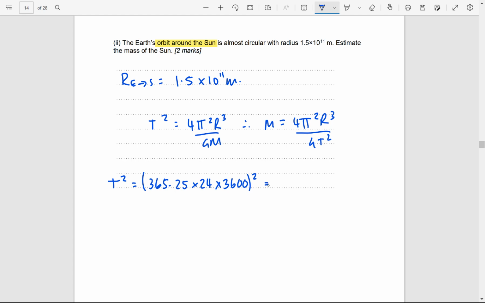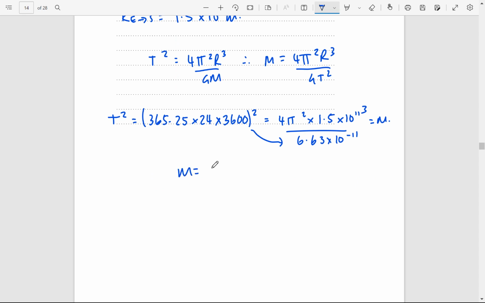So that number, you'd be sensible to write out what that works out as, but I won't do. 4 pi squared times 1.5, this is the radius going in here, cubed, divided by 6.63 times 10 to the minus 11, equals M. And M is a number you should be fairly familiar with, which is approximately 2.